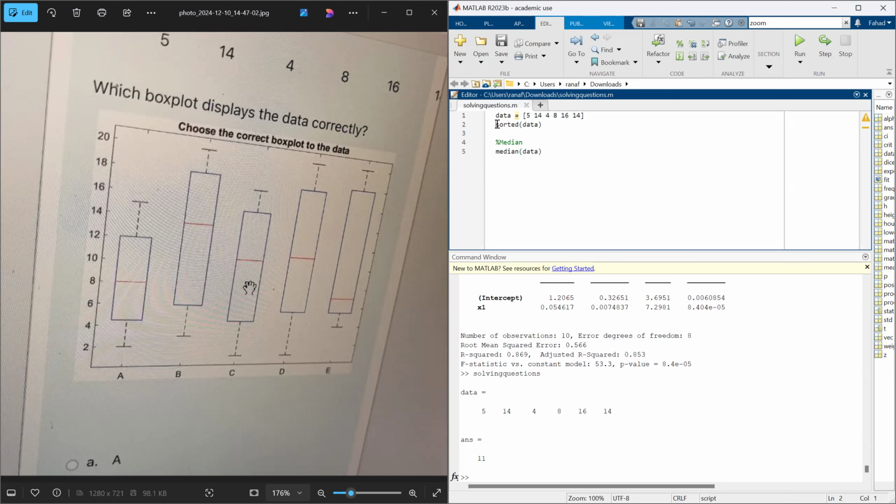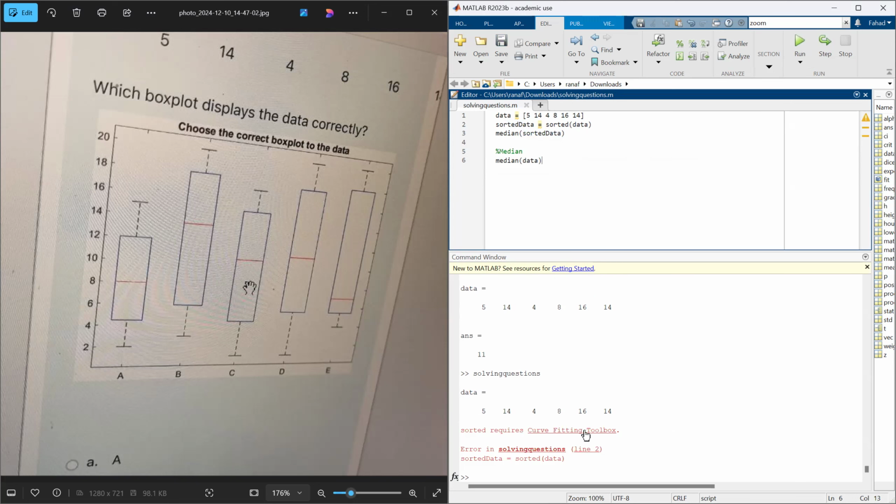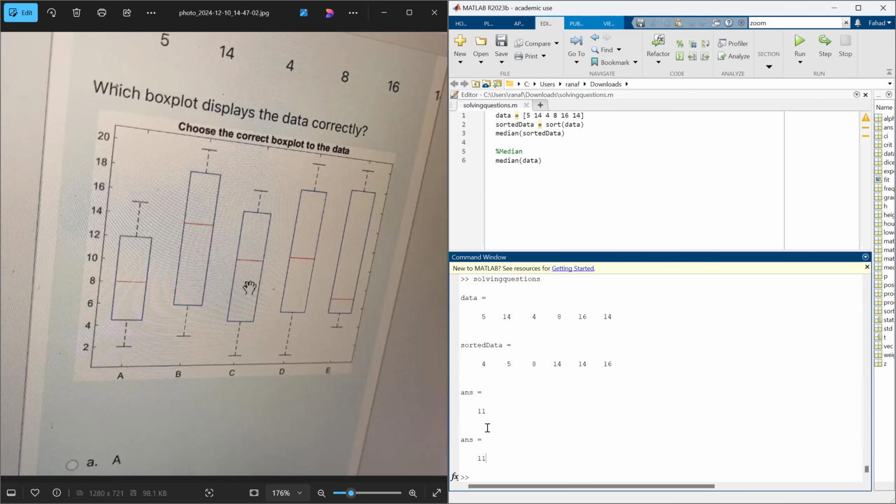Let's see if the median changes if I sort, just for the sake of science. See, the median is exactly the same for the sorted and the unsorted, so it doesn't matter. Okay, so the median, we weren't able to find a landslide.